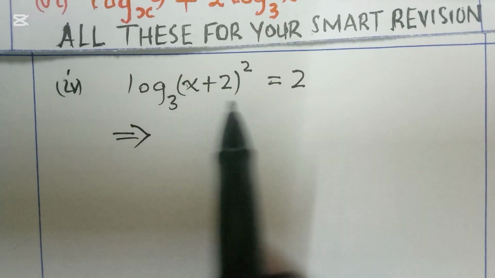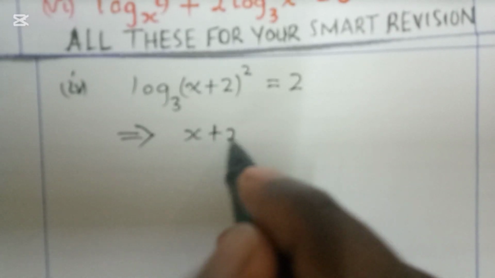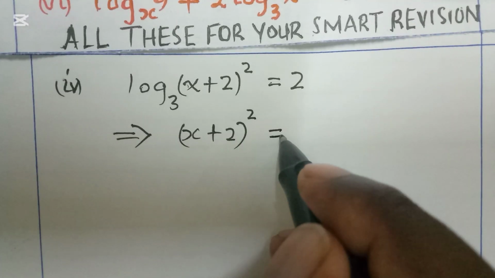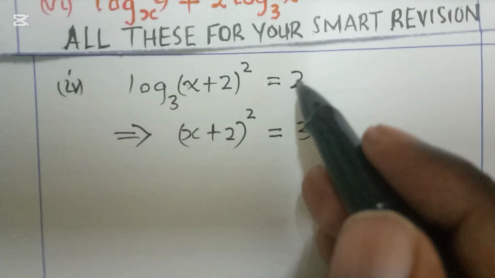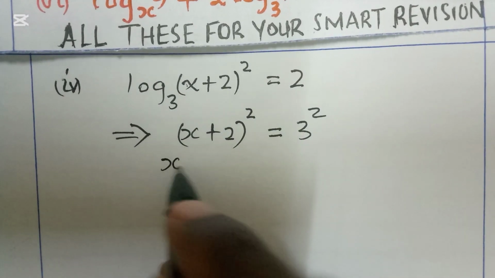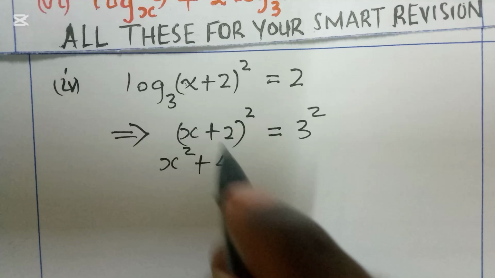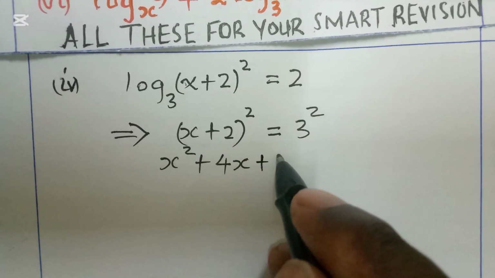I'm going to change this one into indices, so that it is going to be (x + 2) squared equals 3 squared. I'll put this one here and this one up. So this one is going to be x squared plus 4x, you expand that, plus 4.